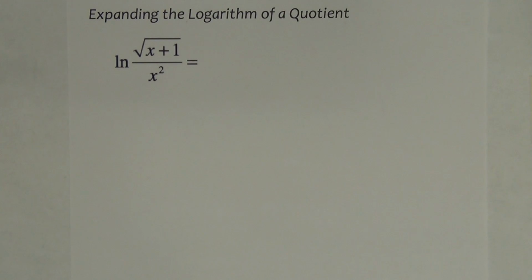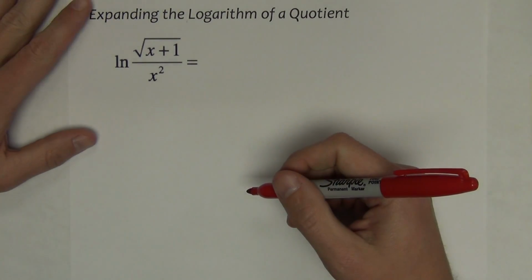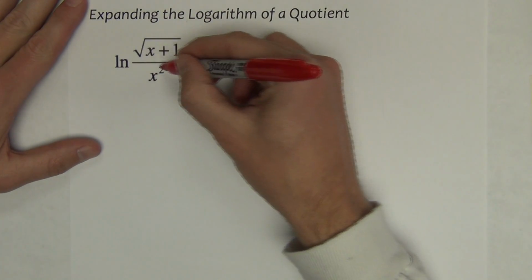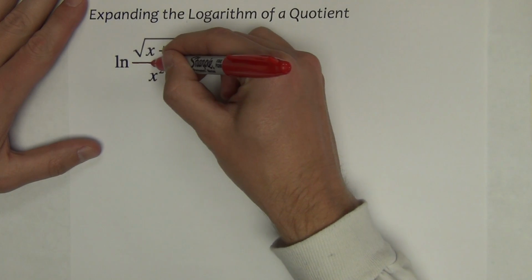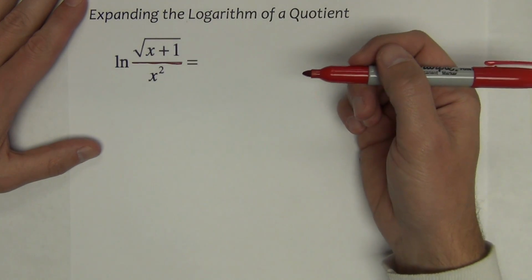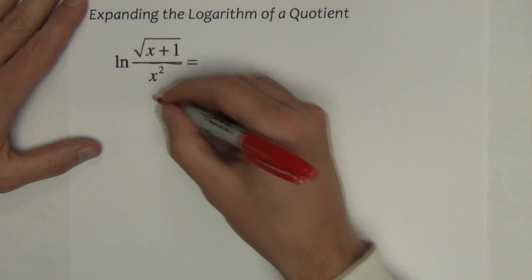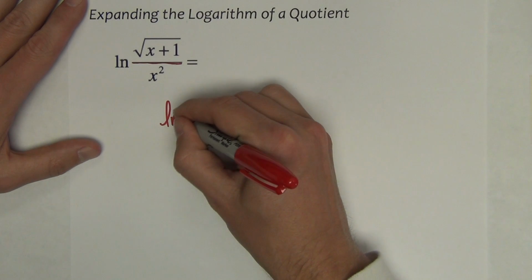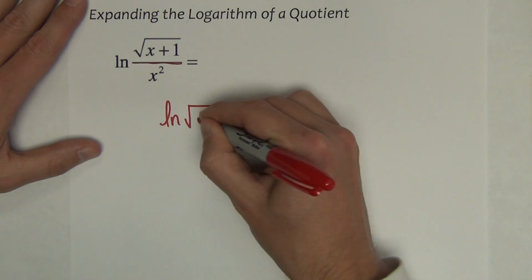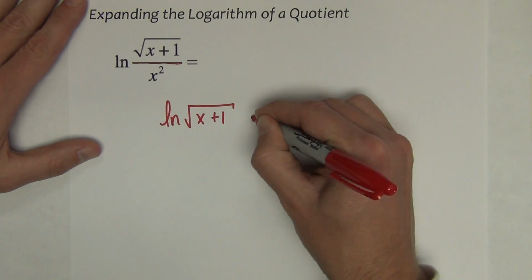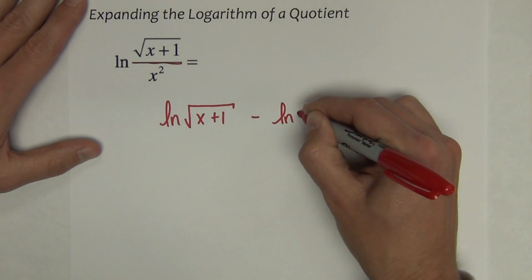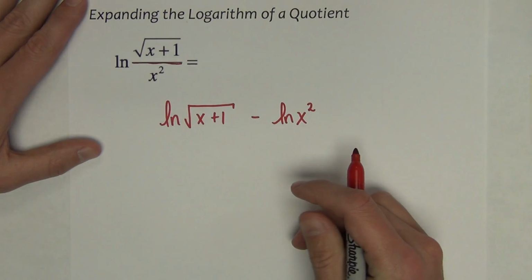All right, another example. This one is expanding the logarithm of a quotient. So here we see a division, and whenever I see division, that's going to get separated with subtraction. So I begin this with natural log square root x plus 1 minus natural log x squared.